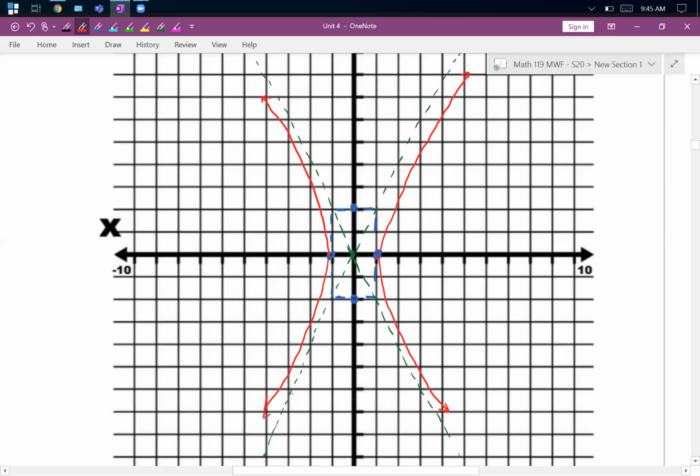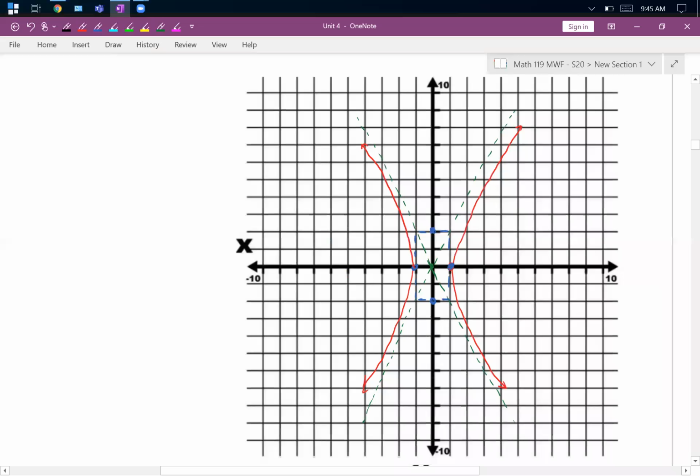And there it is. Questions on drawing the hyperbola? Well, now we'll go back and answer all the questions.